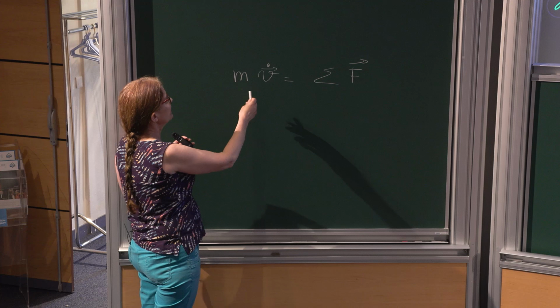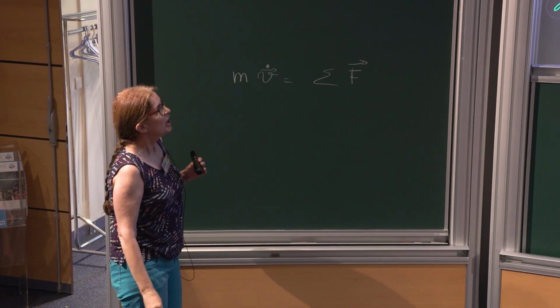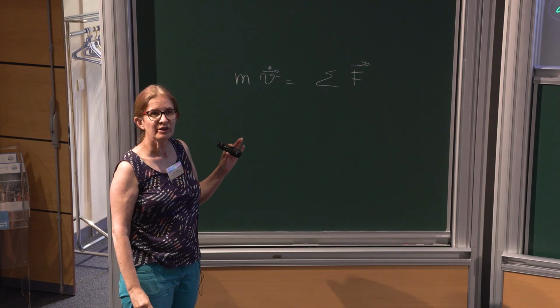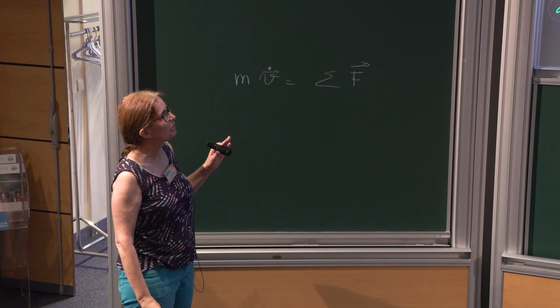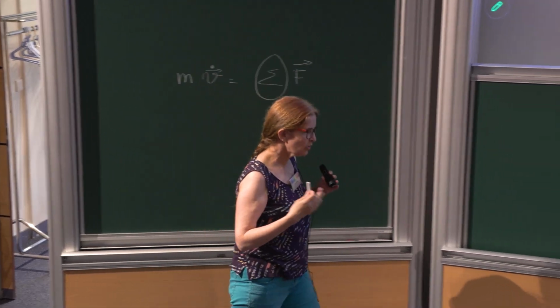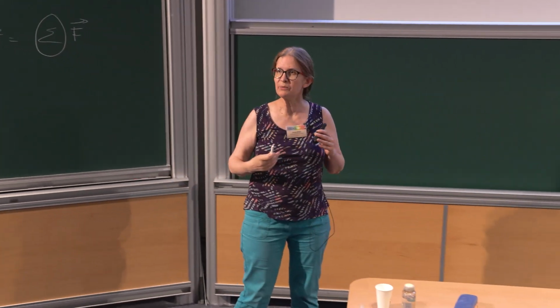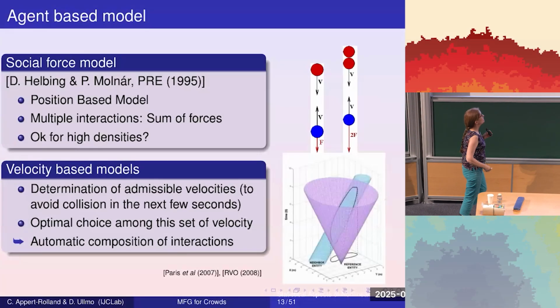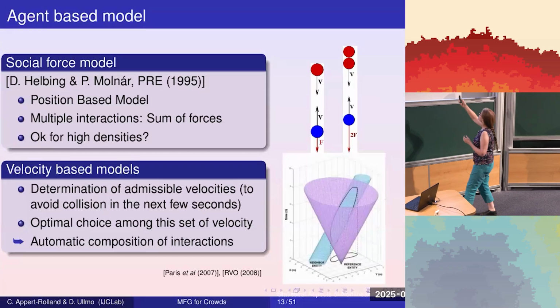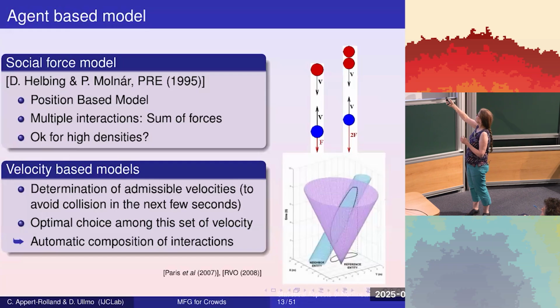So first, you have inertia. That's what Bertrand said this morning, but there is another important issue with this model. The way you combine interactions is by making a sum. If you look at the drawing on the right, the blue person must avoid the red one, and it will have a certain reaction.